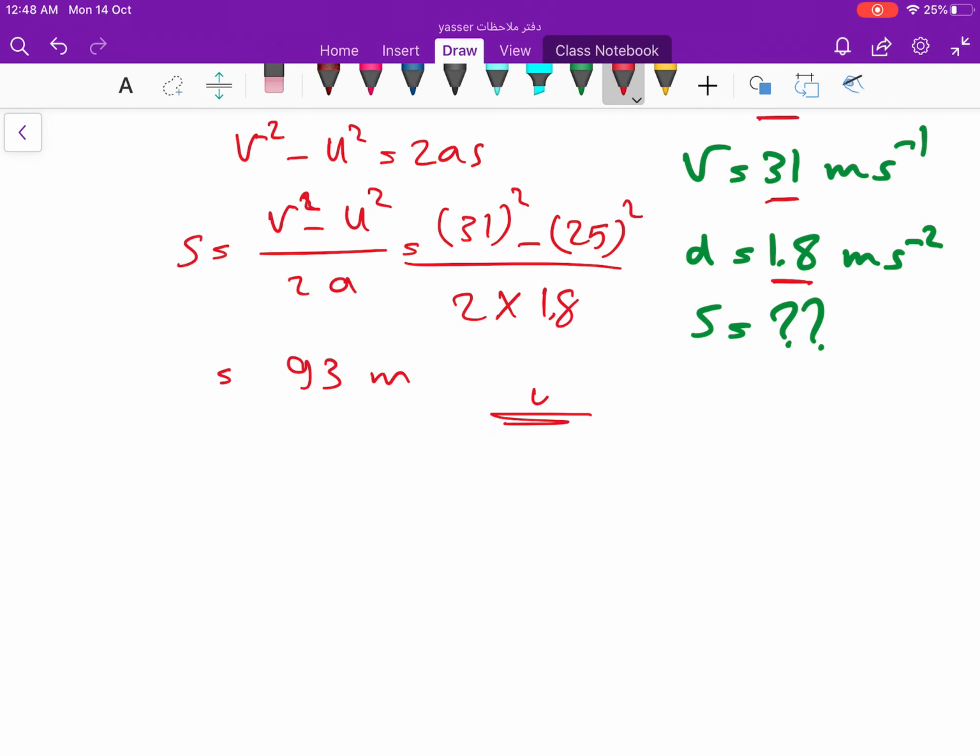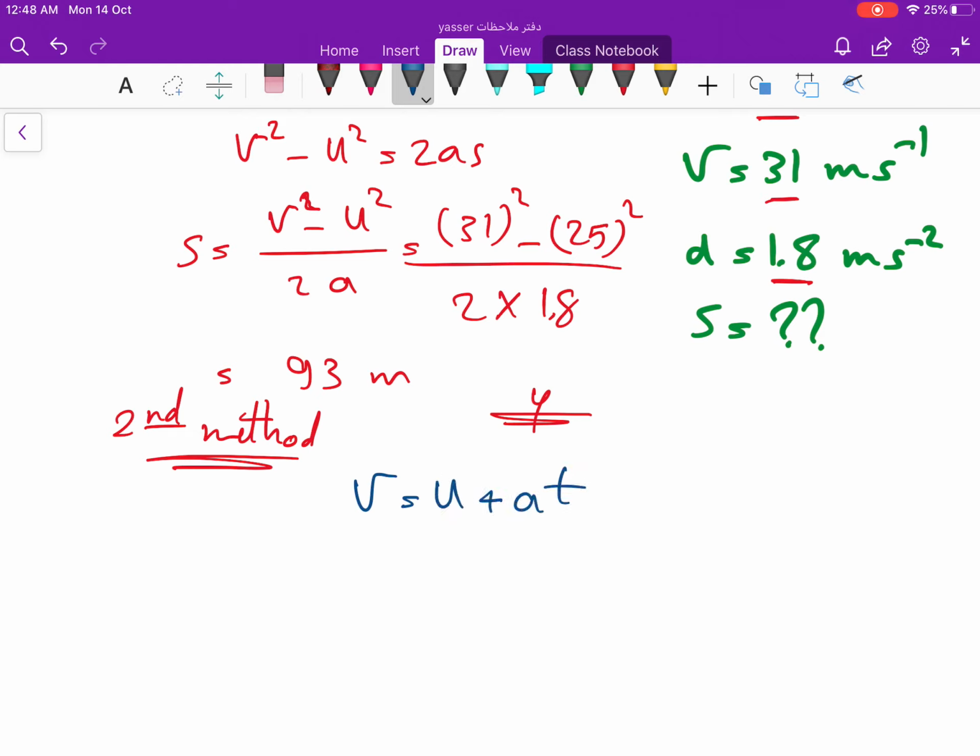We can solve it by another method, as I told you. Here is the second method. We can find the time first, using the first equation, v equals u plus at. The final velocity is 31 equals the initial velocity 25 plus a, which is 1.8, times t.